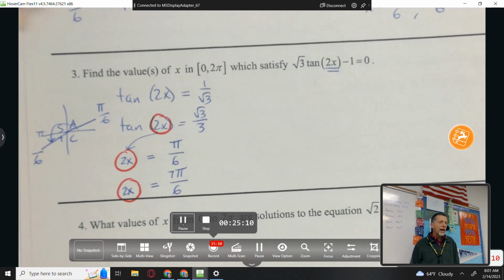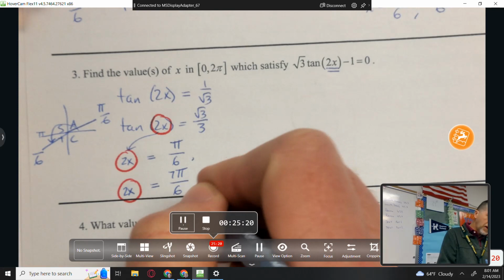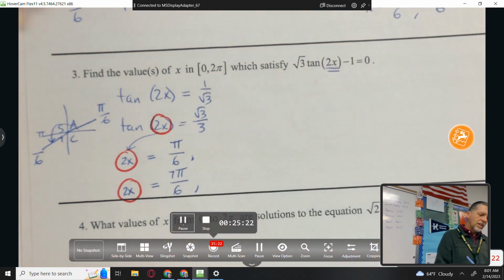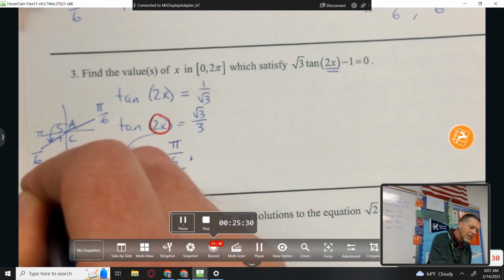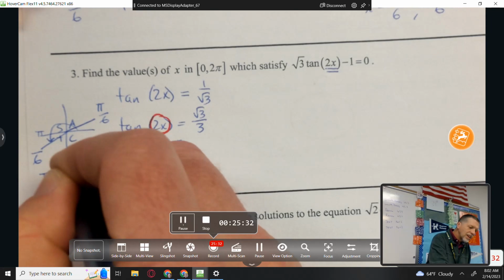How do I get twice the number of answers? What do I do to get more answers? Do you remember? Add 2 pi. So if I add 2 pi to pi over 6, it's helpful if you can add fractions in your head here. If not, then you come out to the side and add 12 pi over 6.